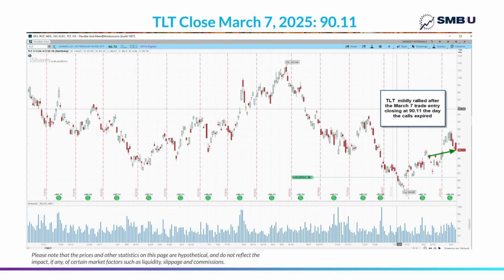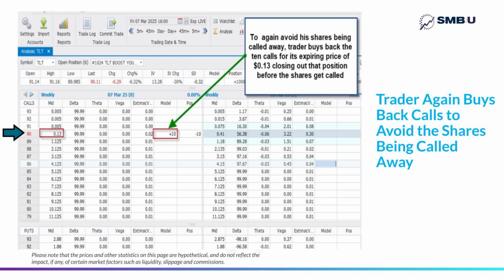Now, moving forward to the day this second trade expired on March 7th, as you can see, TLT staged a mild rally, closing at 90.11 on the day the March 7th covered call trade expired. And so again, to avoid those 90 calls being exercised, losing our shares, we instead buy those back for that 13-cent price that you can see on the options chain.